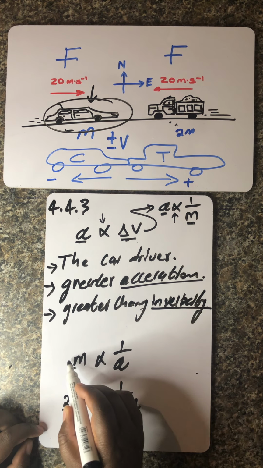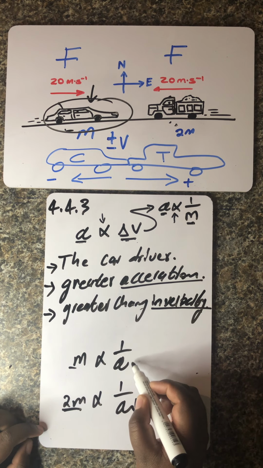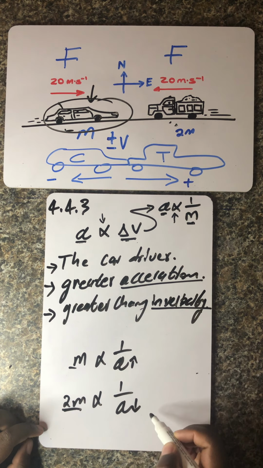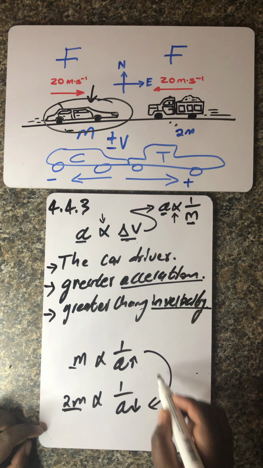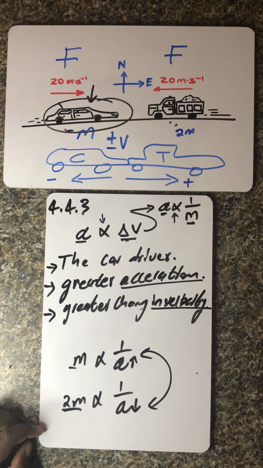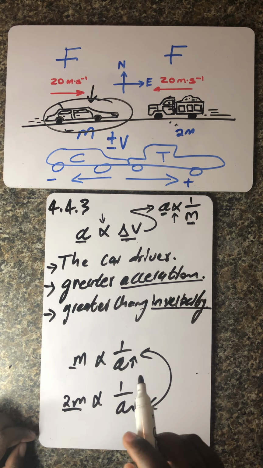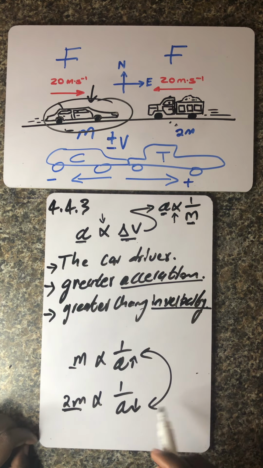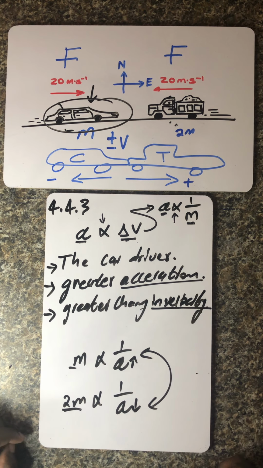You've got 1m, so it makes it more acceleration when you compare these two. Very, very much important, ladies and gentlemen. So that means because the car has got more acceleration, it means it has more change in velocity.